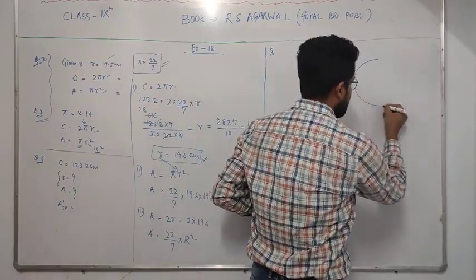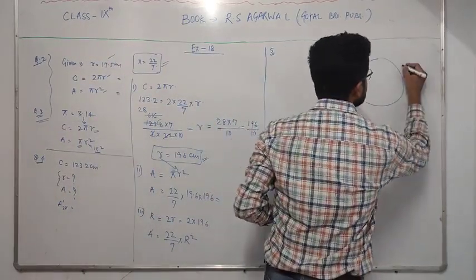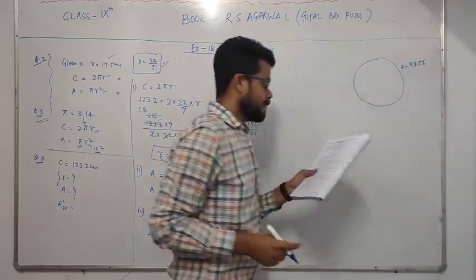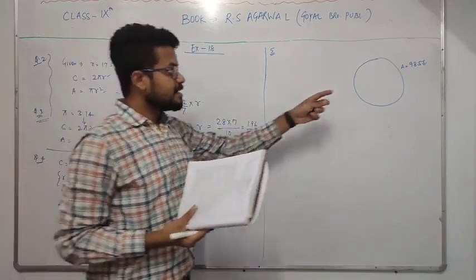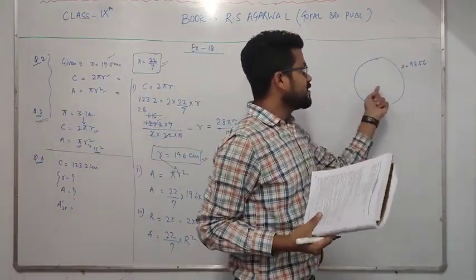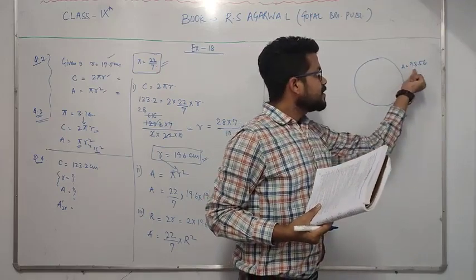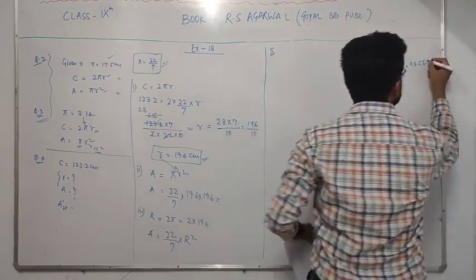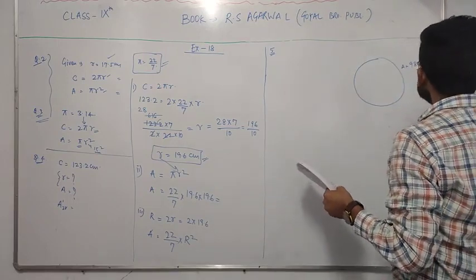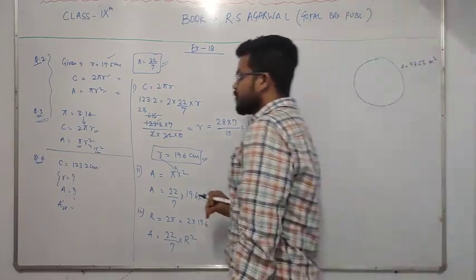Here this area is given, which means a cow grazes a field of area 9856 meter square.